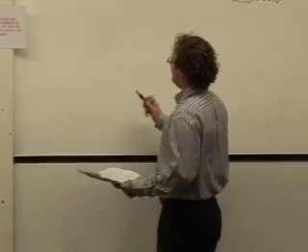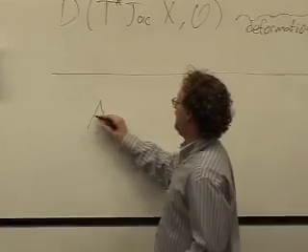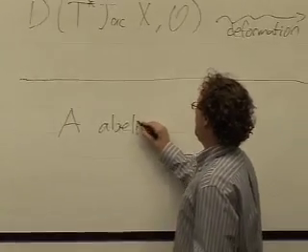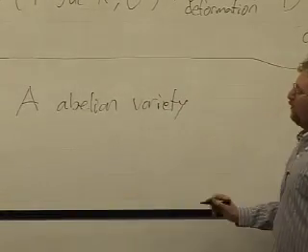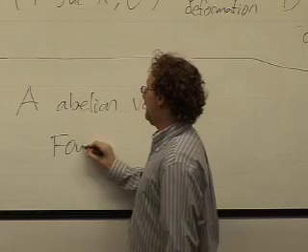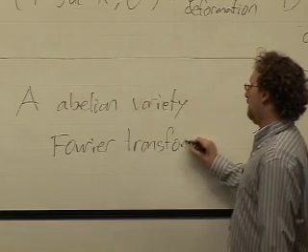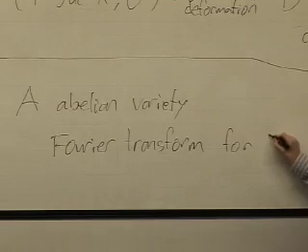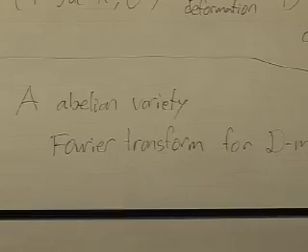And so to do this, I want to maybe retreat for a second to the context of an abelian variety and think what would happen if we tried to do a version of the Fourier-Mukai transform, not for O modules, but for D modules. What should that be?